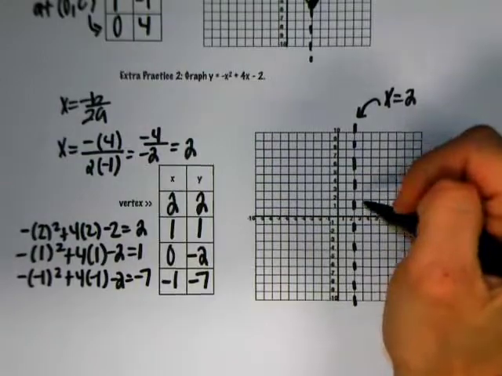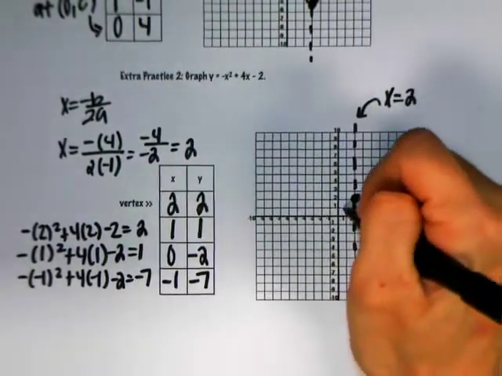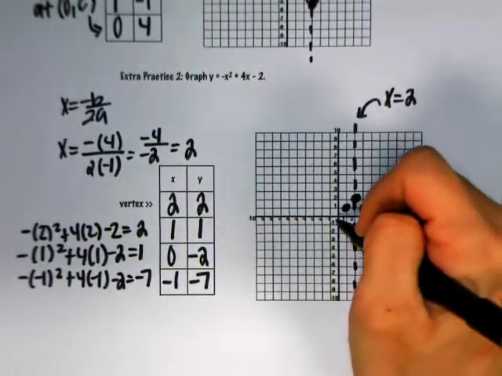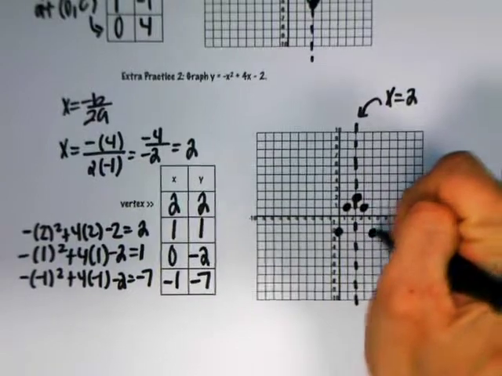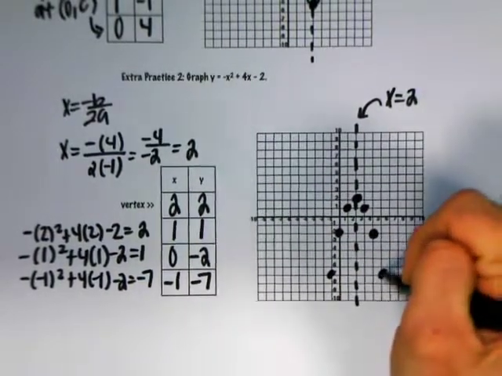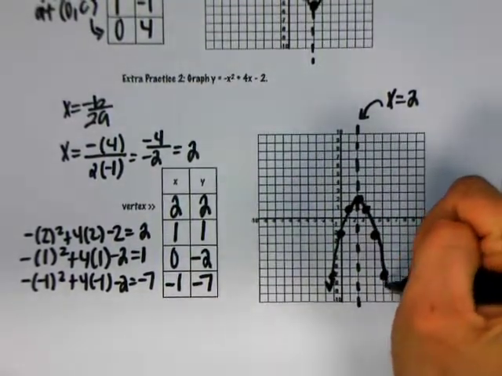Okay, so then your vertex is at (2, 2) right here. And then you'd have (1, 1), and then (0, -2), and then (-1, -7). So it would look like that.